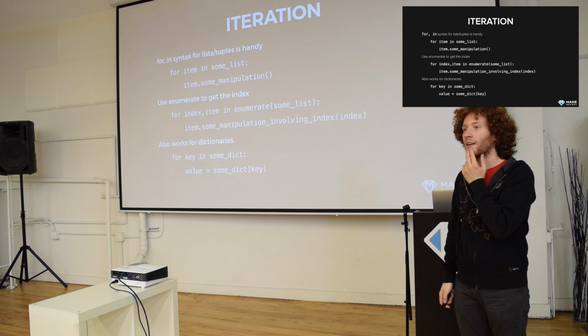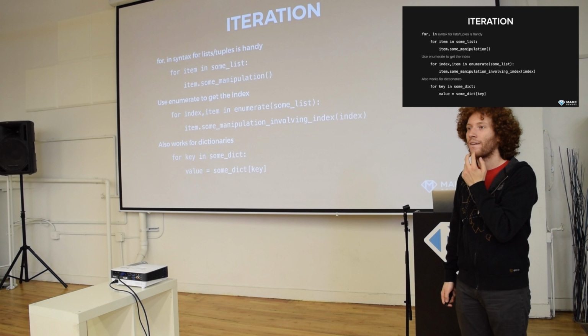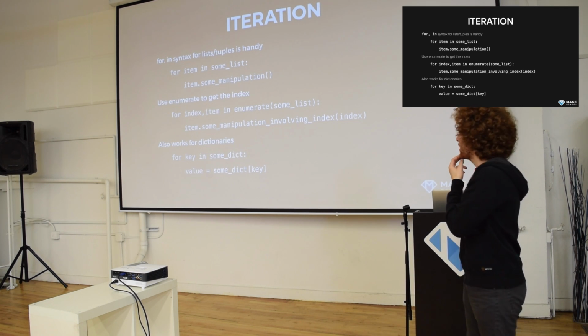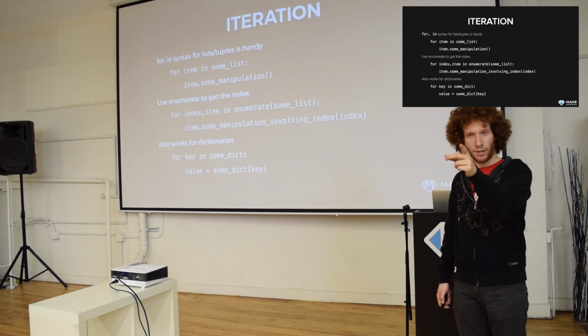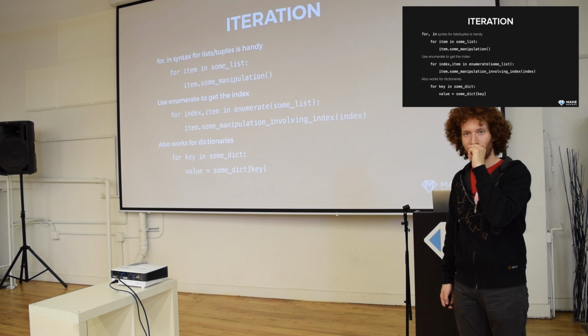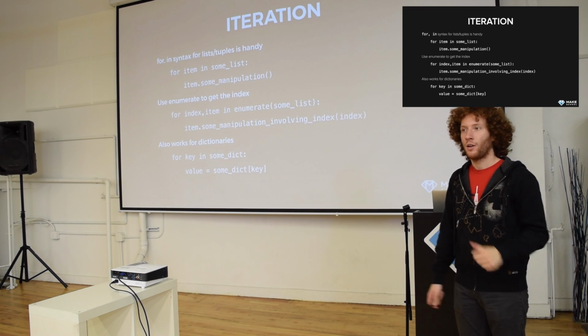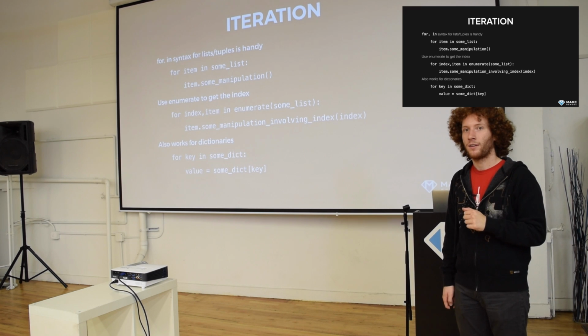Yes, Mike? Enumerate returns a list or a tuple? Neither. It returns a set. No, Alan? A list of pairs, which are pairs of type tuple, where it's a key value or index value.